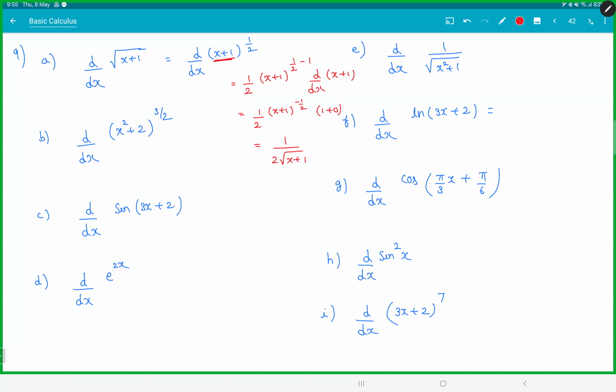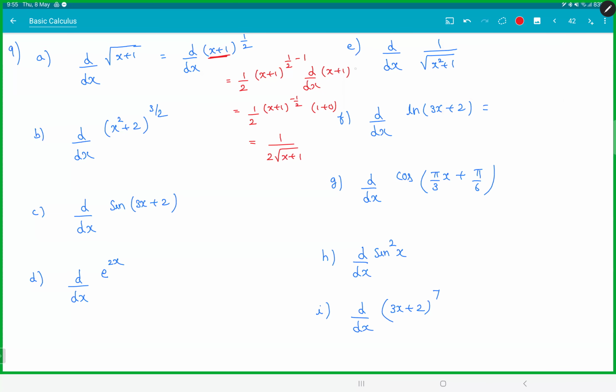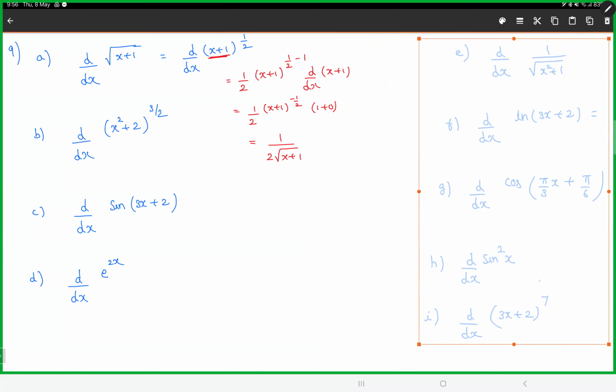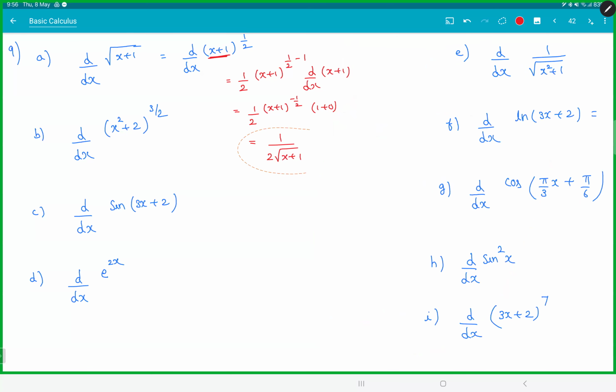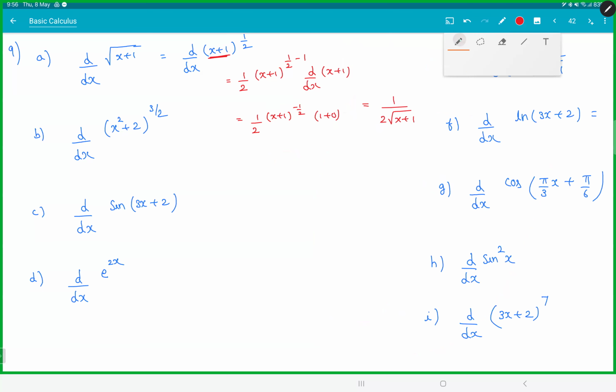Please check the first one. Check out the steps.